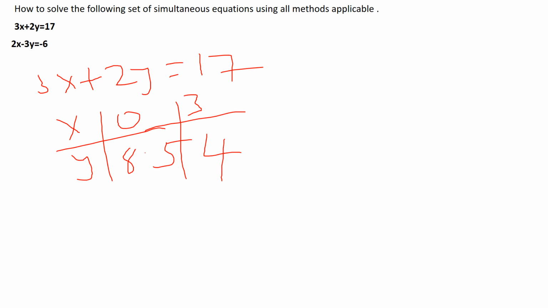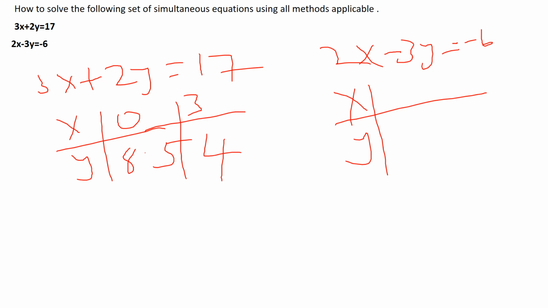The same case you can do for the other equation, which is 2x minus 3y equals negative 6. So we can generate our table with x and y. If you have 0 as the value of x, you remain with negative 3y equals negative 6. So you get the value of y being 2.